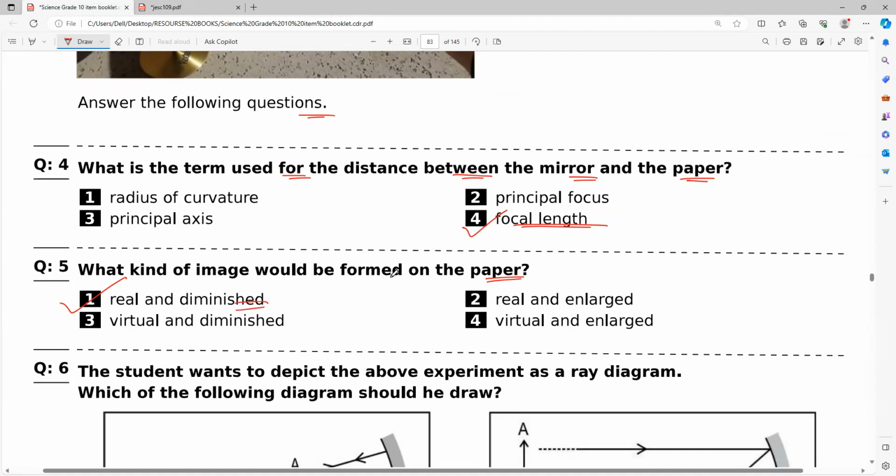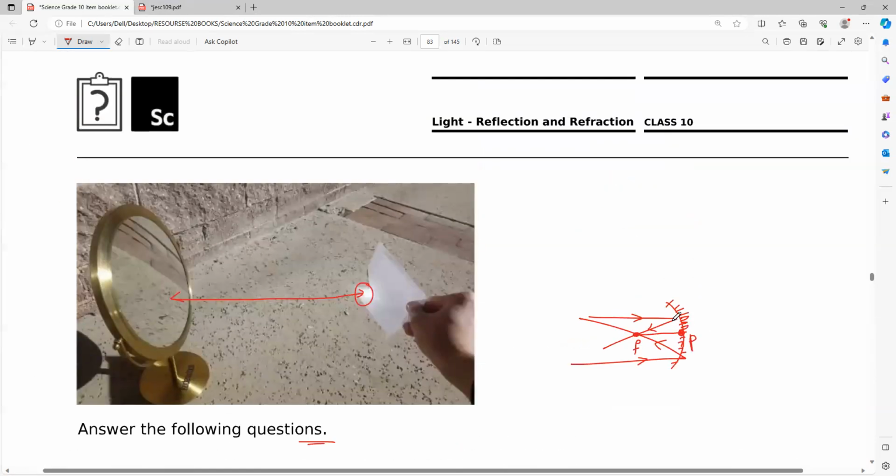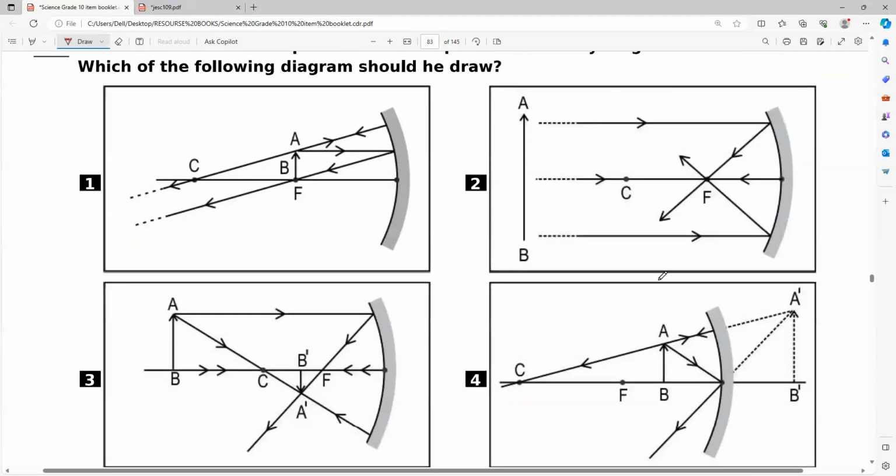Now a student wants to depict the above experiment as a ray diagram. Just now I have drawn it. You can see it and tell me which ray diagram it is. Option 2.